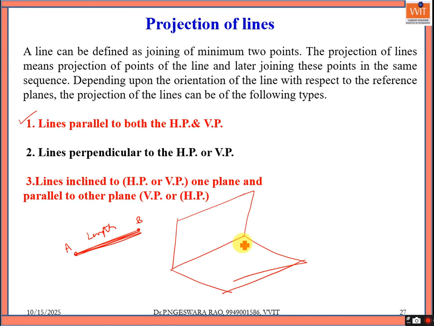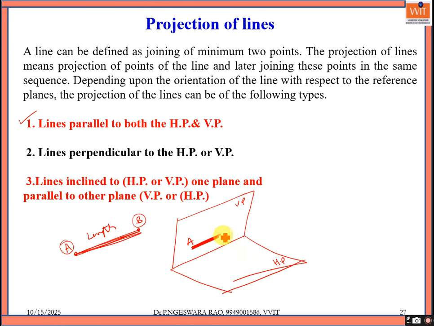When we take the line, parallel means both ends of the line, for example one end A and the other end B, must be at the same distance from the horizontal plane for us to say that it is parallel to HP. Now I am taking the line orientation like this.